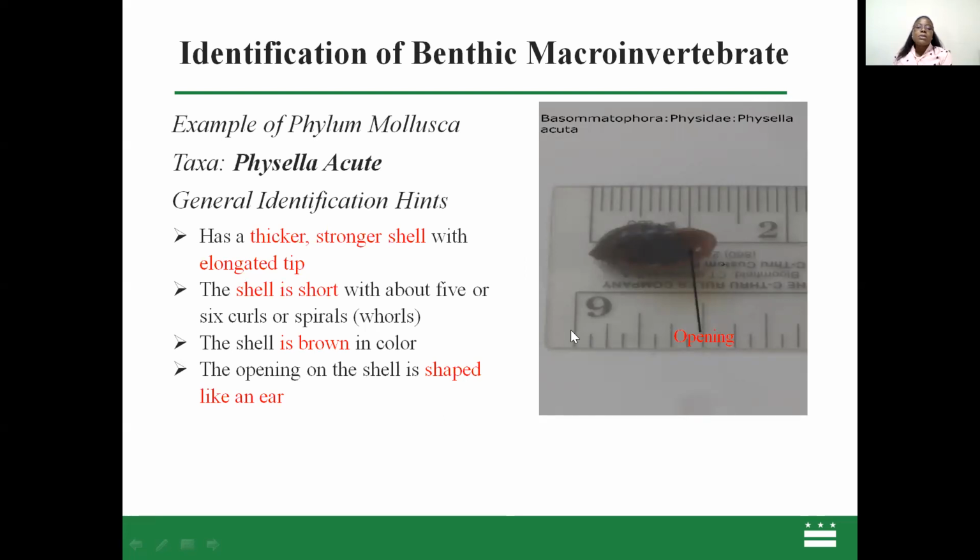An example of this group is the Scylla acute. One main feature of this organism is that the body is covered with a brown-colored, thick, strong shell that has elongated teeth. It also has an opening that looks like the shape of an ear.